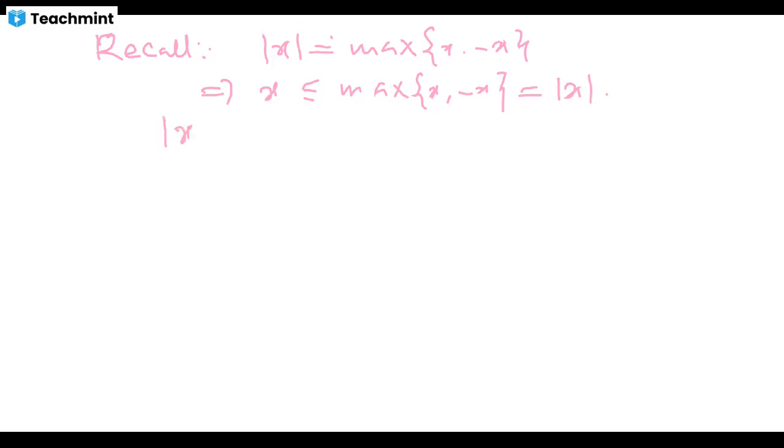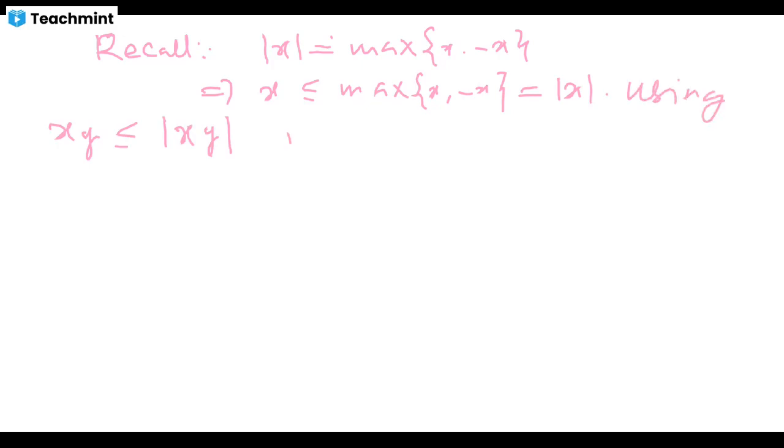Since mod of x is equal to the maximum of x and minus x, it implies that x is always less than or equal to the maximum of x and minus x. The number is always less than or equal to its modulus. I'm going to use this in the previous exercise: xy is less than or equal to mod of xy.